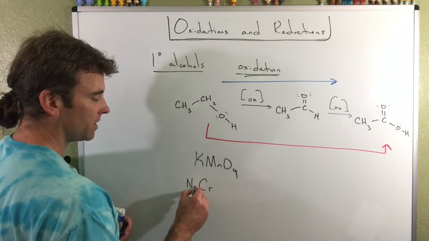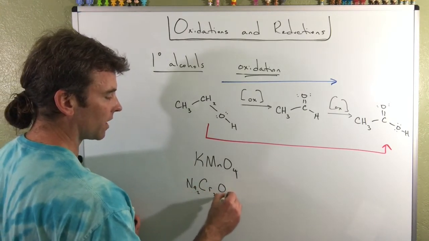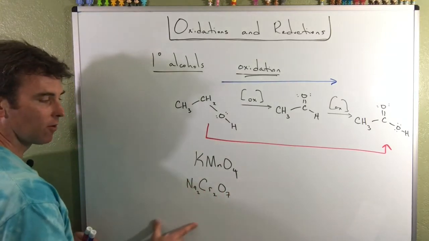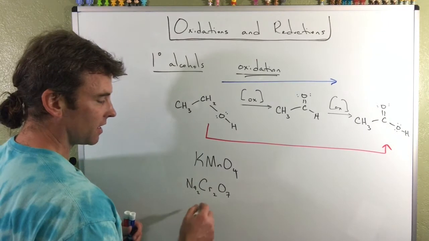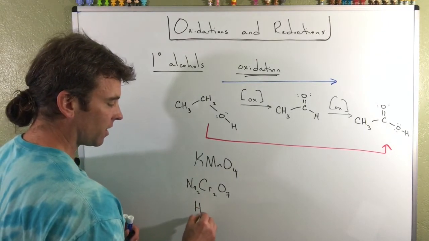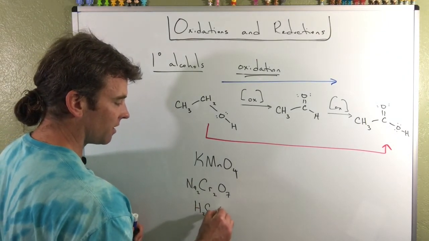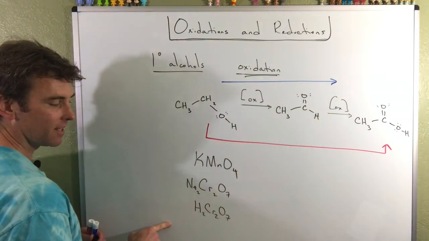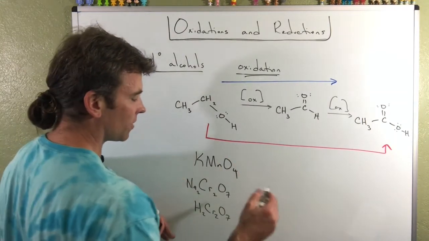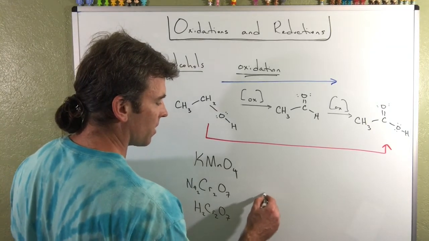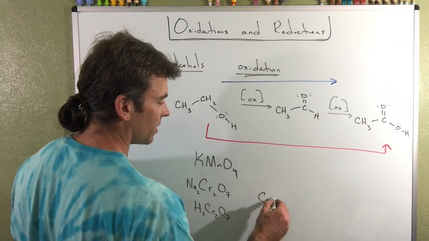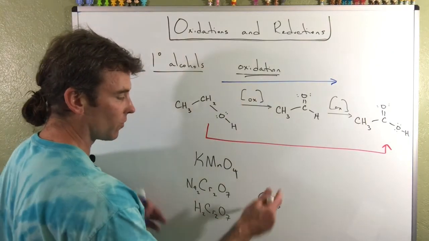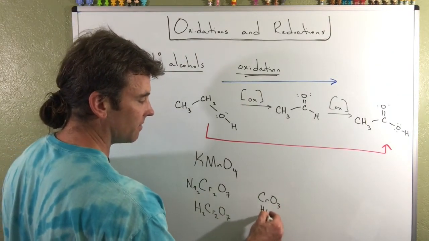So a really typical looking one might look like this, right? Sodium dichromate. Sometimes these things are written slightly differently. You can actually show it as the acidic version, dichromic acid. There's other instances where you might see something written as, let's say, CrO3 with some sort of acid, right?